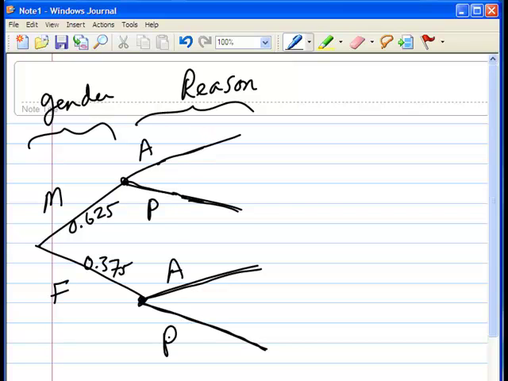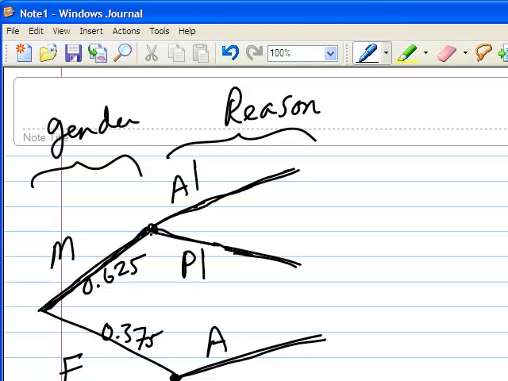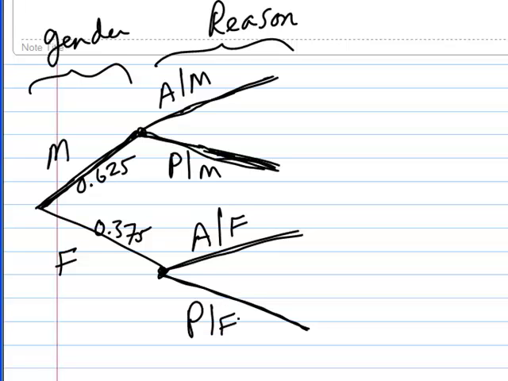But notice that these two events come after the event of the customer being a male. So these two right here are conditional. Given that you're a male, what is the probability that you'll buy a car because of its appearance or performance? So this is A and P given male, and this is A and P given female.